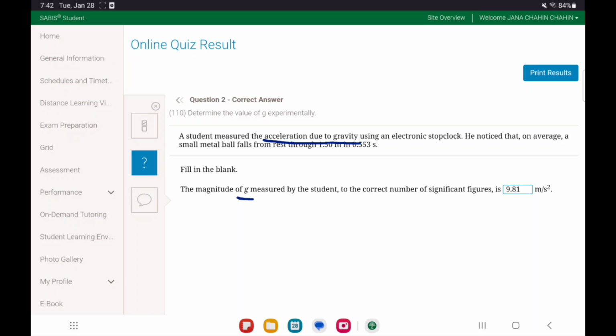There's many ways, but the way I find the easiest, we know there's a formula that goes x, which is the distance traveled, equals half a t squared.